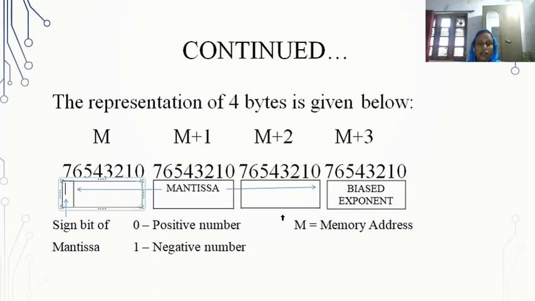In this, the leftmost bit is exclusively for the sign bit of the mantissa. The next 23 bits represent the magnitude of the mantissa. The last 8 bits represent the exponent of the floating number. This exponent is represented in the form of a biased exponent.